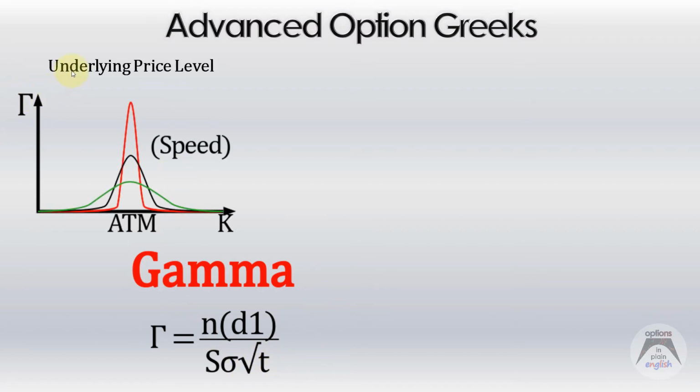So how gamma changes as the price changes. For very expensive values of stock price, very high, the gamma is going to be very short and thick in the middle. And as the price starts going down, so for stocks that have a lower price than the ones that we just talked about, the gamma is going to start going higher. So it's going to be taller, but it's going to be thinner in the middle.